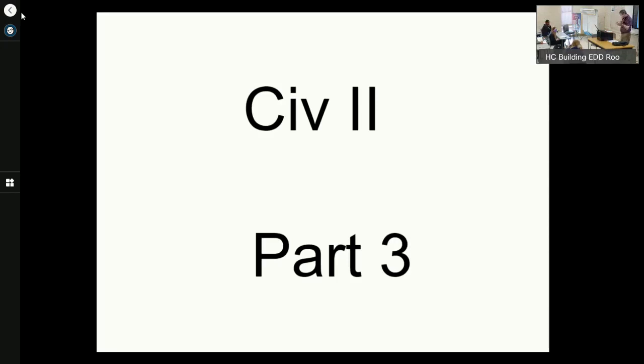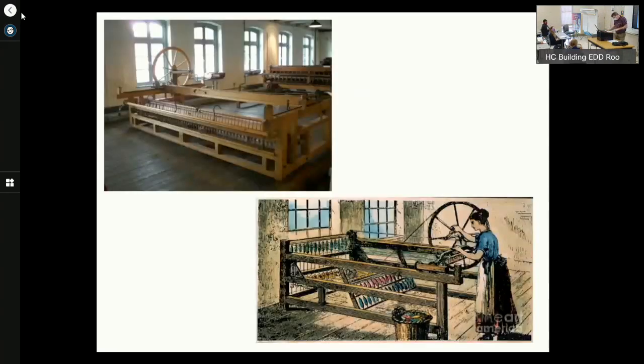I'm a pretty smart guy, and I understand math a little better than most. And what we end up with is this right here, known as the spinning jenny. And it was invented in 1768 by James Hargreave.